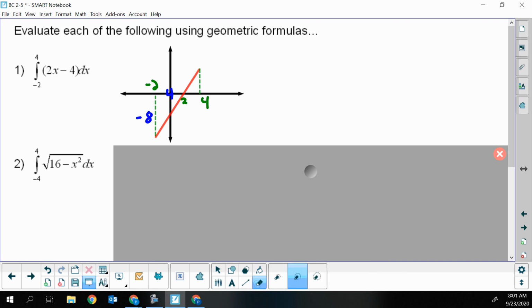Or actually, let's just think of it as 8, and we'll know it's got to be negative. So it's a minus area because it is under the x-axis, and we'll just do base times height divided by 2. Well, then the other part has a base of 2, and if you sub 4 into the equation, that's 8 minus 4, which is 4, so this height is 4. It's going to be positive area because it's above the x-axis, and we'll have 2 times 4 divided by 2.